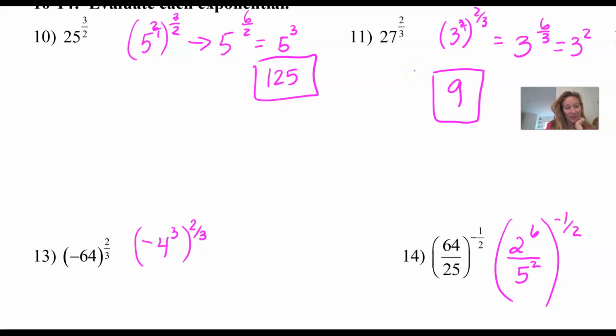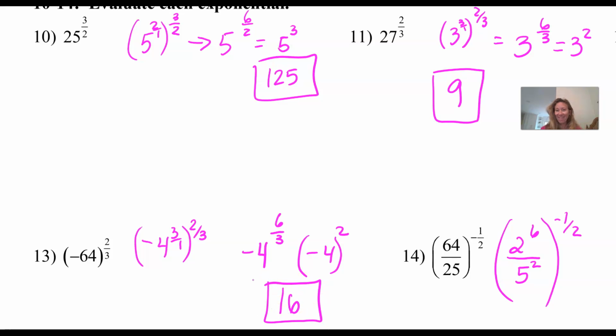Okay, number 13, change it to 3 over 1. It's going to be -4 to the 6 over 3, -4 to the 2nd power. So keep in mind it's negative times a negative, so that's going to be positive 16.